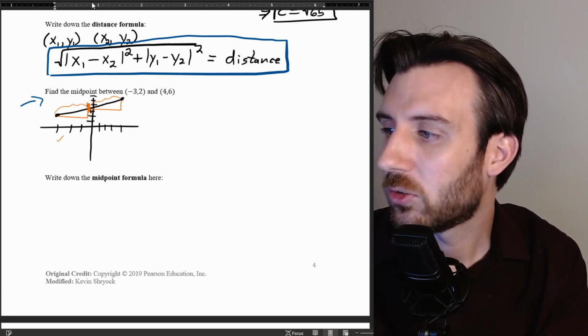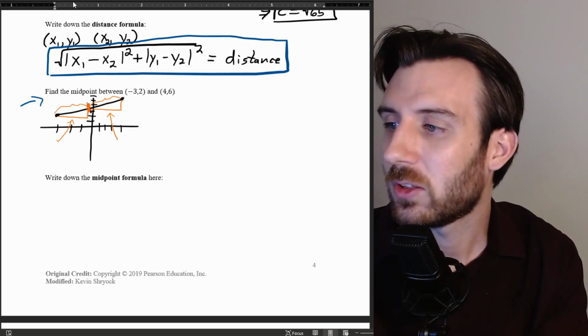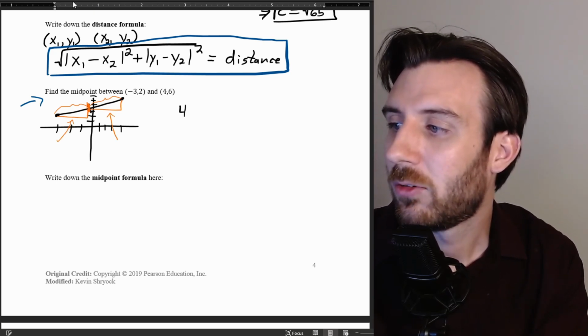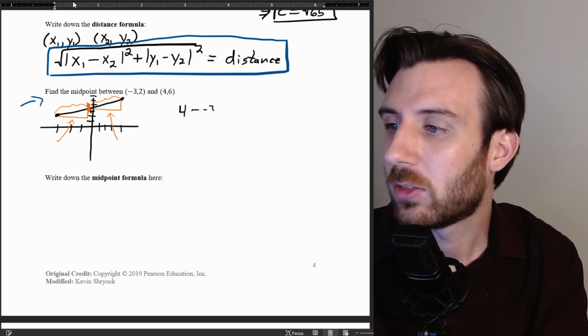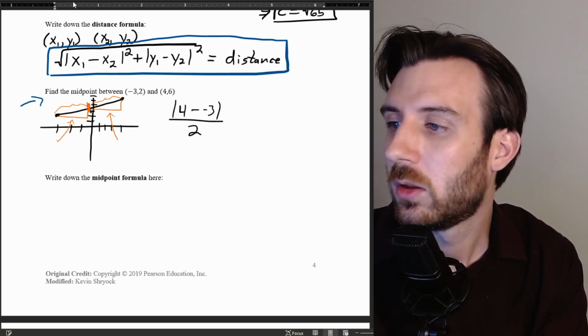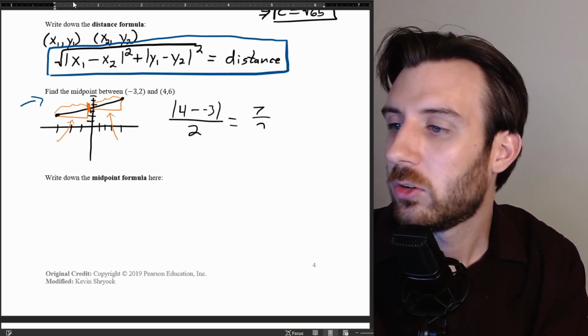So how long is this one? How long is this one? Each of those would be half of my original. So if I originally had my full distance along my x value as being 4 minus my negative 3, and then I make that an absolute value, and divide that by 2, that would get me 7 over 2.